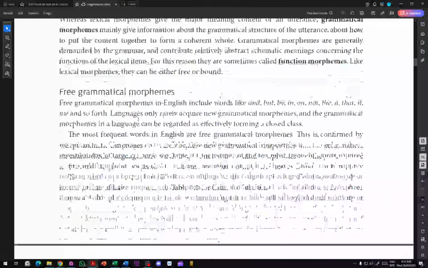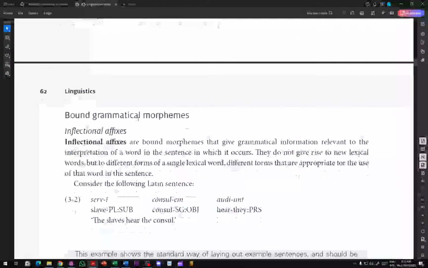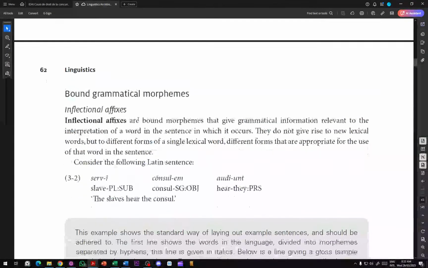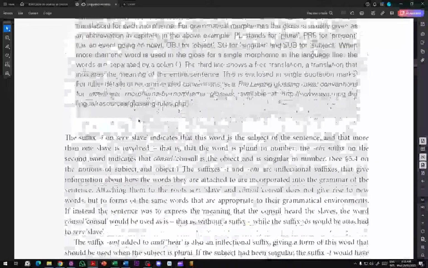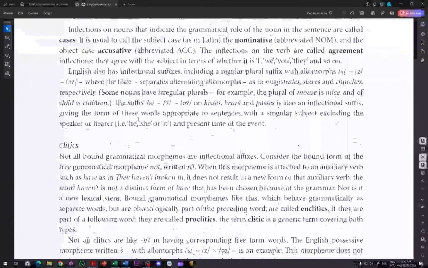I've got free grammatical morphemes and bound grammatical morphemes, and bound grammatical morphemes are divided into inflectional affixes and clitics.